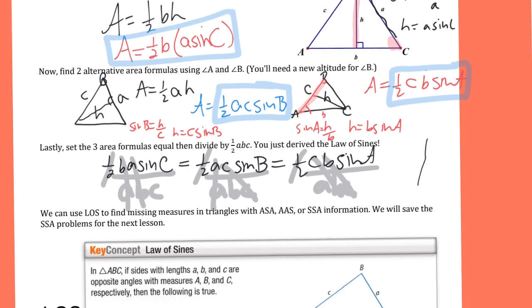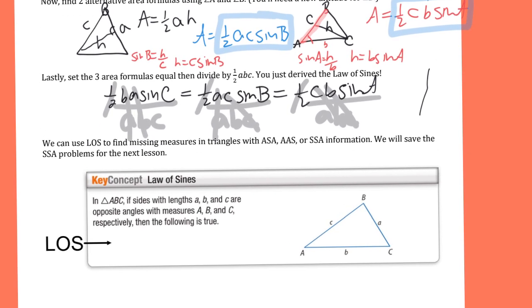You can see what's remaining. And this is the law of sines. The law of sines is the sine of C's perspective over C is equal to the sine from B's perspective over side B, which equals the sine of angle A over side A. Now, what do I mean?